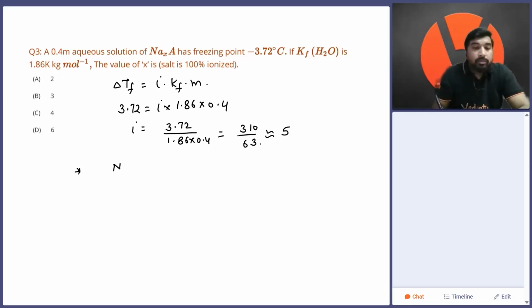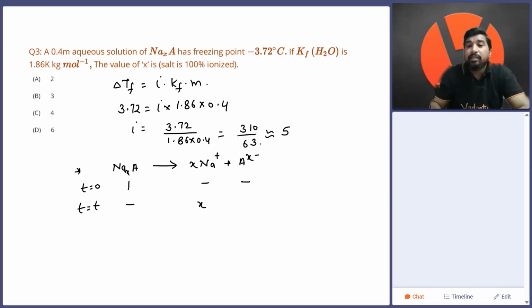So NaXA will dissociate into X Na plus and A X minus. I am considering initially, at t is equal to 0, the number of moles of NaXA is 1. After time t, assuming complete dissociation, this will vanish, and how many moles of Na will form?